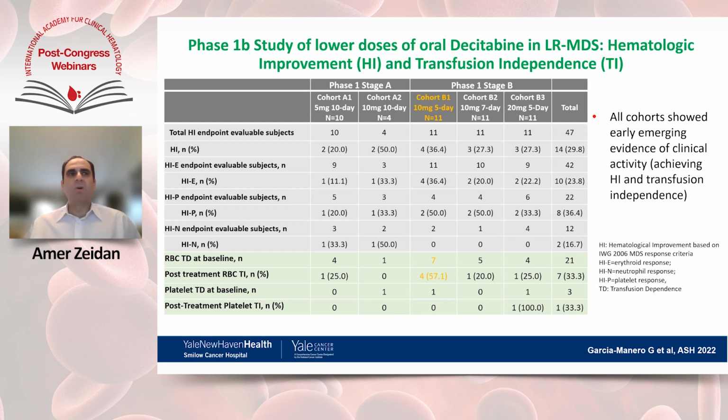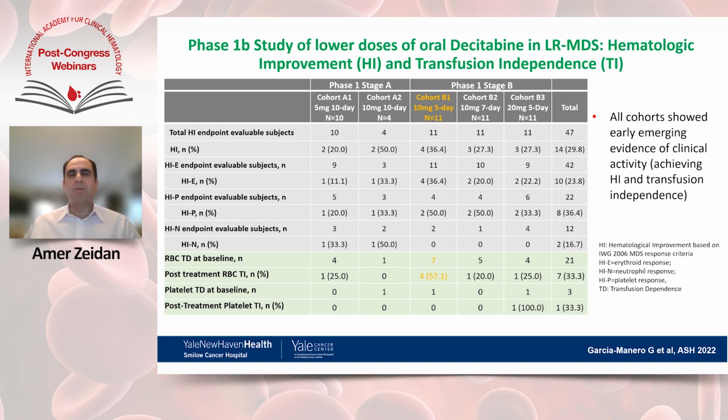So it's a small cohort of patients, but among those who are transfusion dependent, 57% of them responded. And again, I think this is impressive, but it's a small number of patients. And the ongoing second part of the study is a randomized part using this dose against a 3-day course of the approved dose.